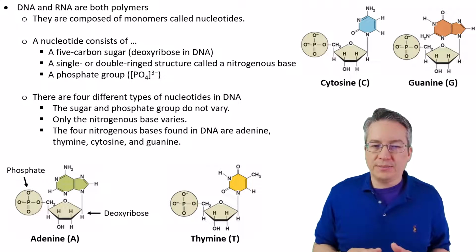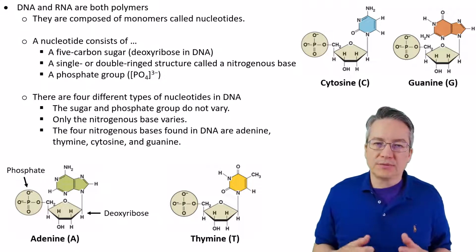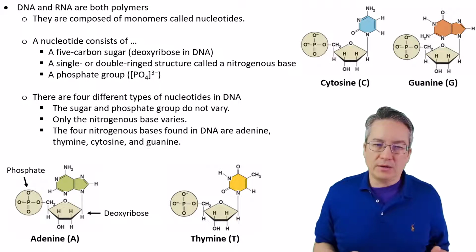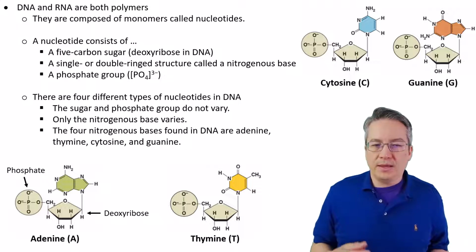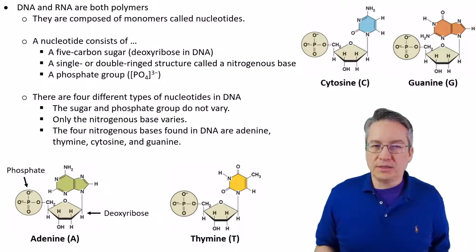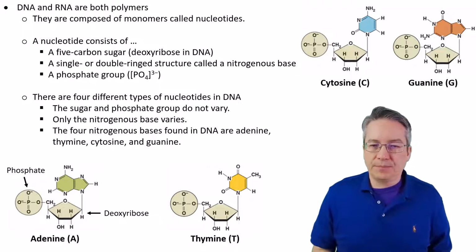You have the deoxyribose, which is a 5-carbon sugar. Covalently bonded to that is a phosphate group, PO4. And also covalently bonded to the 5-carbon sugar deoxyribose, you have a nitrogenous base. So again, note the nitrogens within the double ring structure. And it's also basic, as I said.